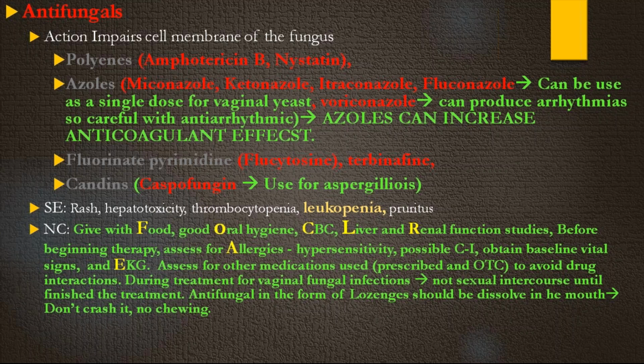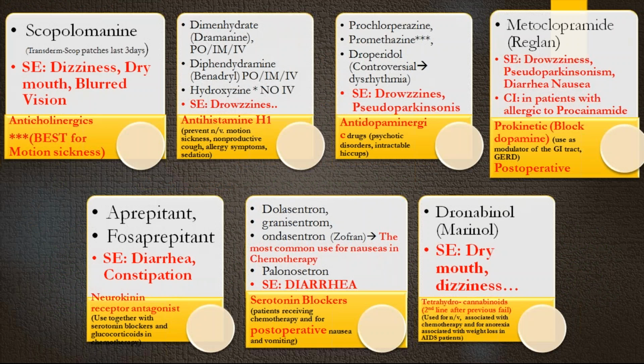Okay, tell me, if you're going to use antiemetics, so that means for nausea and vomiting, right? When is the best time to use antiemetics? If you already know when the nausea is going to start, the best action of any antiemetic or anti-nausea drug is going to be when it is administered before the nausea starts.